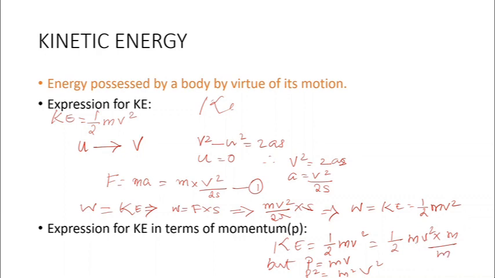So we got m square v square in the numerator and 2m in the denominator. What is m square v square? It is nothing but p square. So we'll write p square by 2m. So kinetic energy has two equations. One is kinetic energy is equal to half mv square, and kinetic energy is also equal to, in terms of linear momentum, p square by 2m.